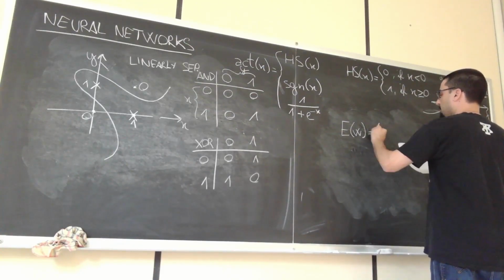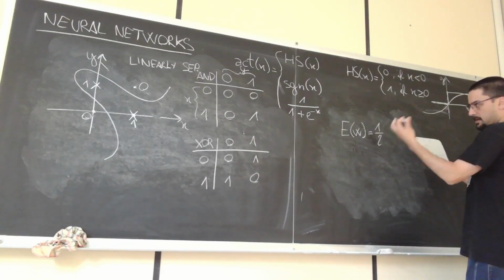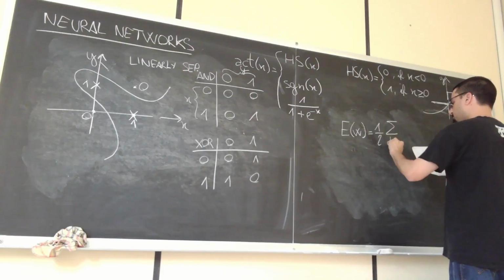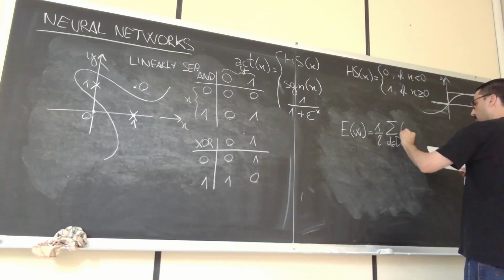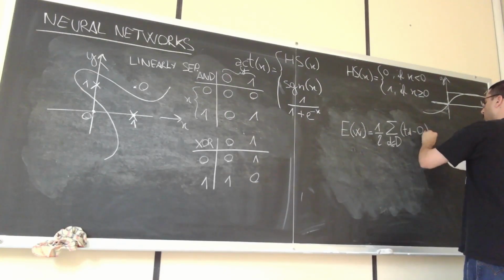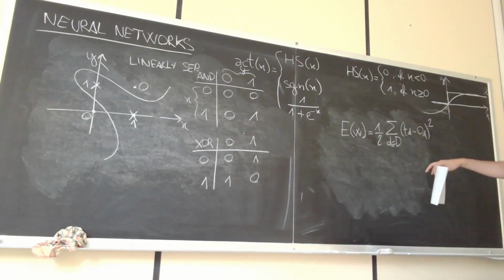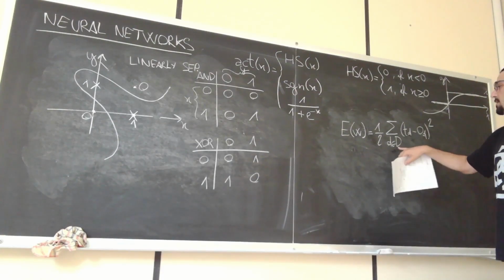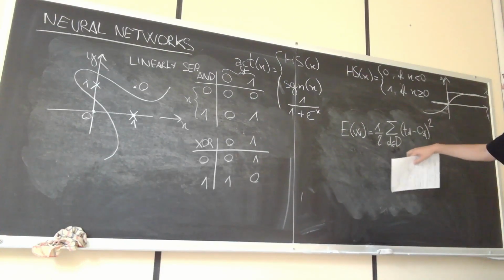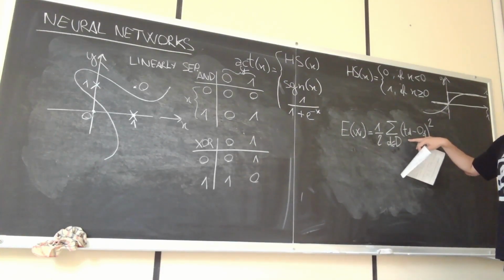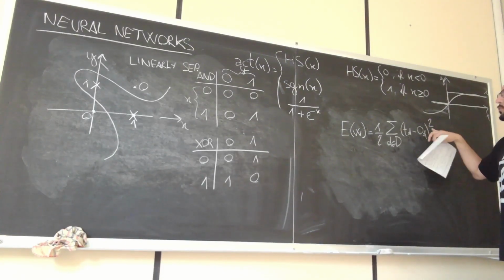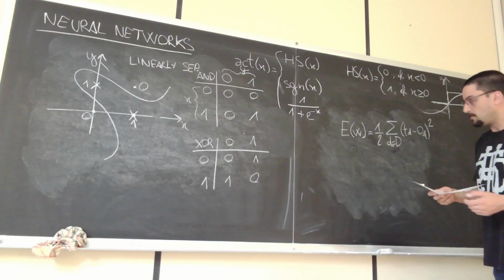There are many others, but let's keep this, the simplest one: E(w) = 1/2 times the sum over d of (t_d minus o_d) squared. Here we are again computing over all possible training examples d in the training set D, the difference between the target value for that particular training example minus the output of the artificial neuron, squared, and then we divide it by 2.